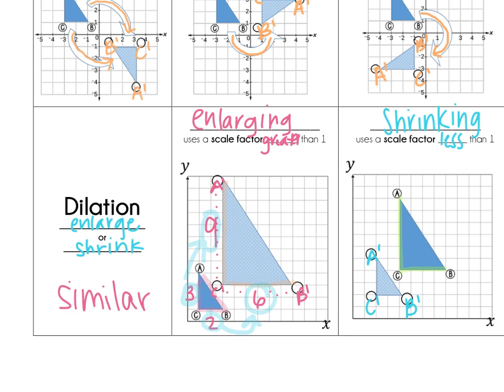We have 1, 2, 3, 4. And then we have 1, 2, 3, 4, 5, 6. With our new image, we have 2. And then we have 1, 2, 3. See if you can figure out what the scale factor would be for this one, because our corresponding sides go from 6 down to 3, and then from 4 down to 2.